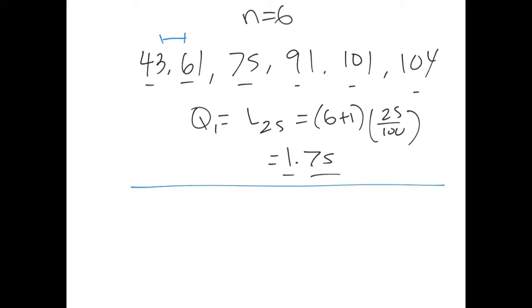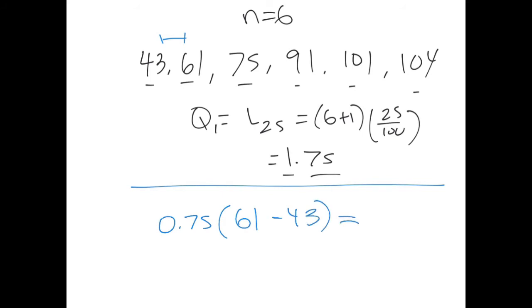Let's find out what that means. In order to get to that number, we need to find what is 75% of the way between 43 and 61. So we take 0.75 and multiply it by the gap between 43 and 61.